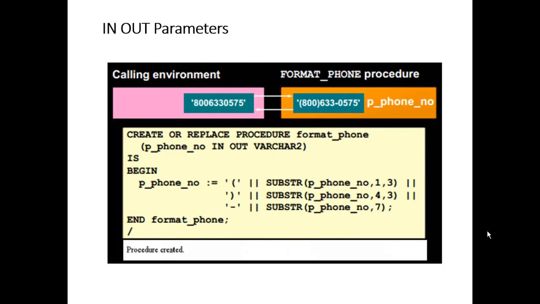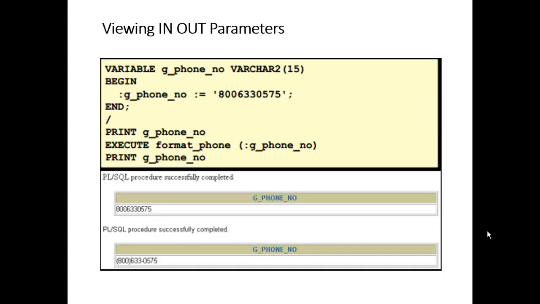And the last is inout parameters. This is the combination of in and out, and becomes inout parameters. Yes, you can see the structure and the symbol of the source code, the query. Filling in out parameters.